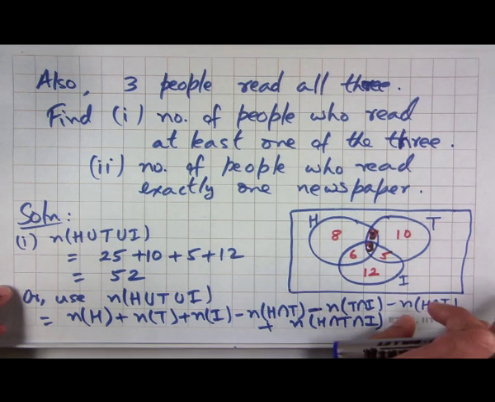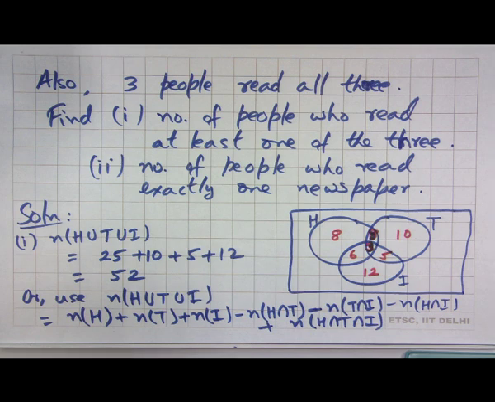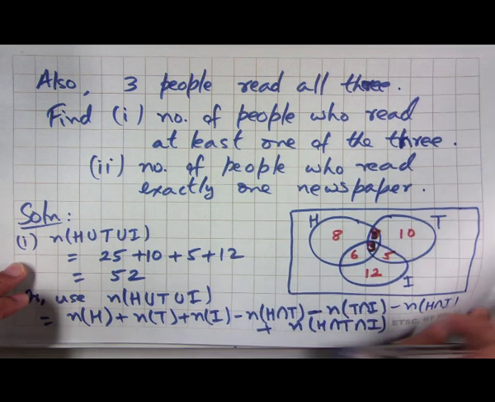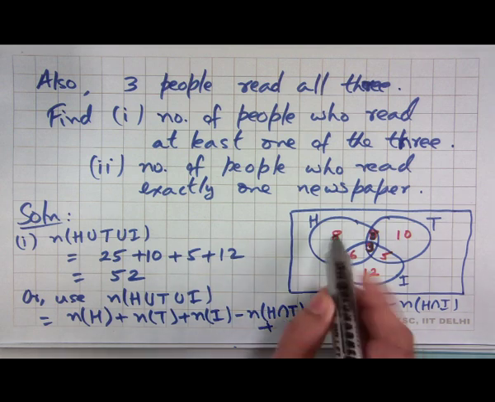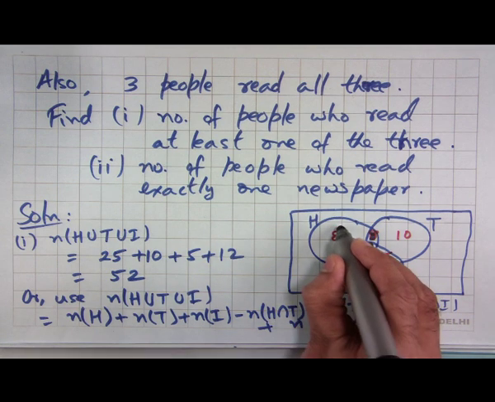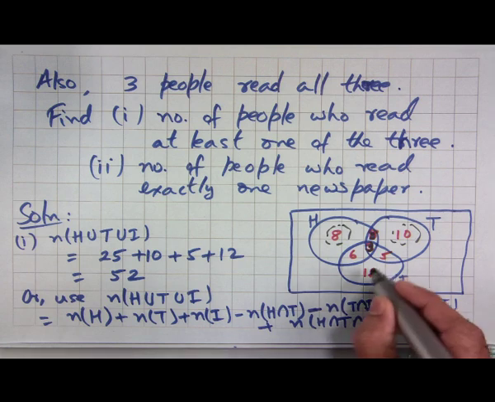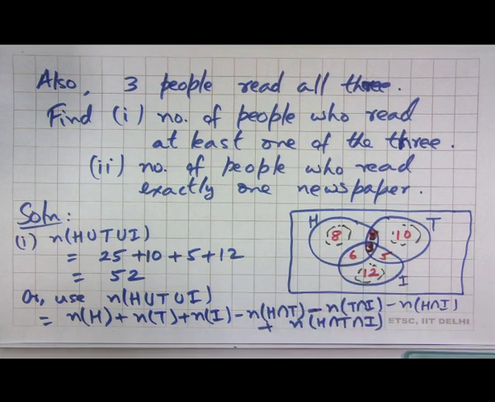The other one is asking the number of people who read exactly one newspaper. So, that number again is clear from this, right. There are 8 people who read only H, there are 10 who read only T and 12 who read only I. And there is nothing in common. So, 8 plus 10 plus 12, that means 30 people who read exactly one.